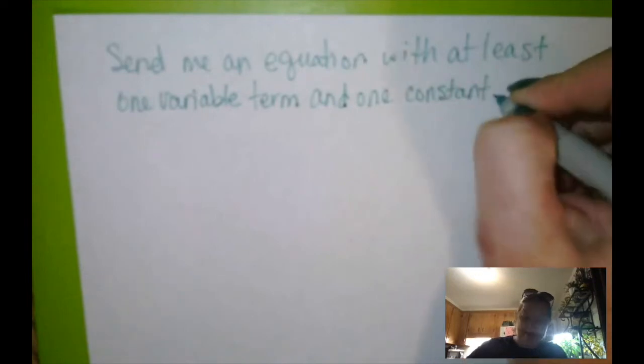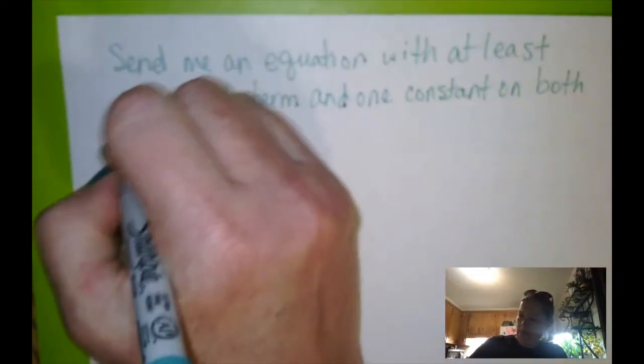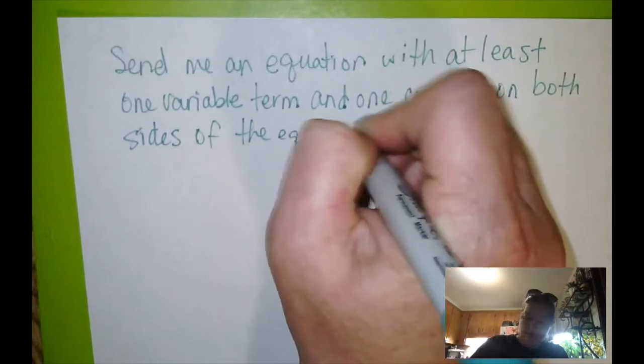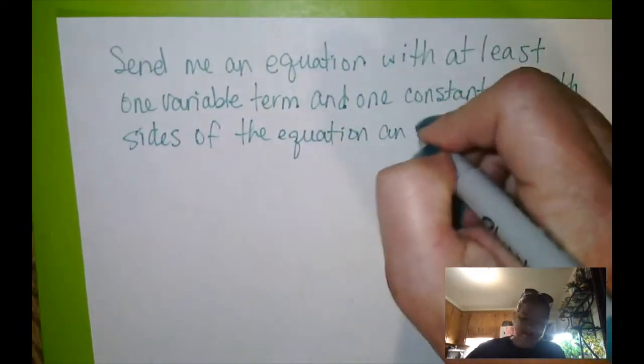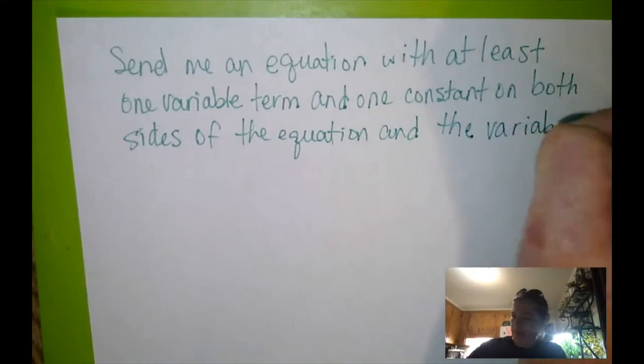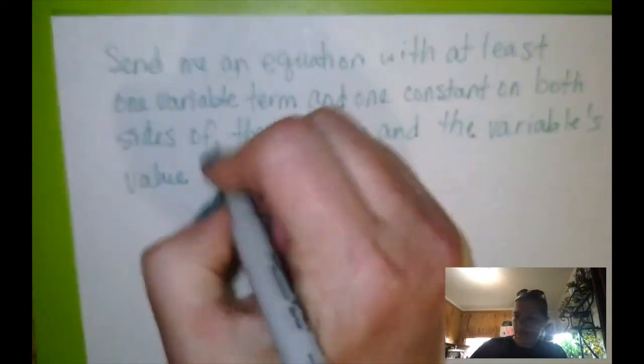Y'all notice I said at least on both sides of the equation, and the variable's value has to equal 5.